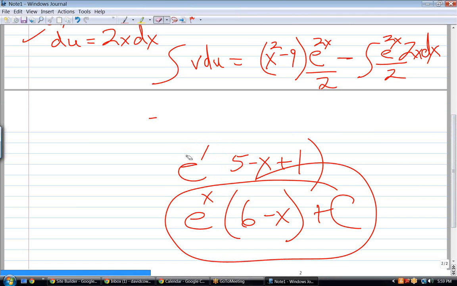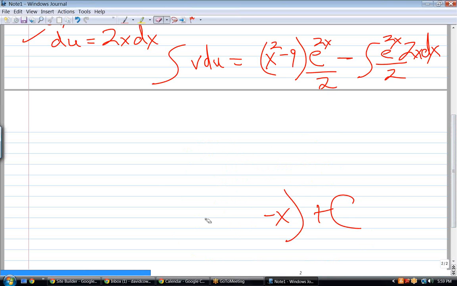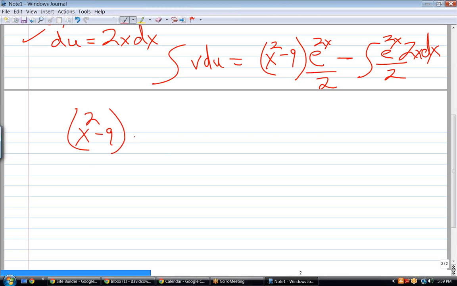Let's see. Notice that we need to do it again. In other words, all we did with our first iteration was take this x squared minus 9 down to a 2x.